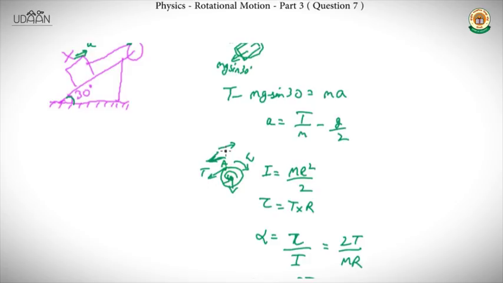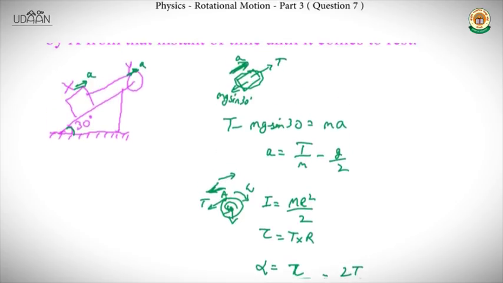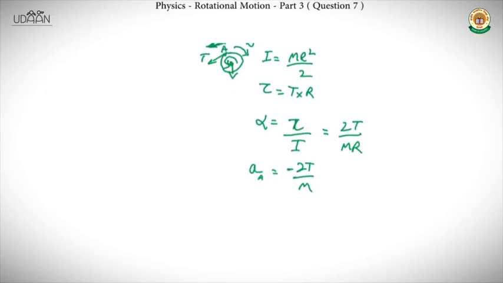So for that, shouldn't we assume a positive direction, let's say upward, so that we don't make such errors? People tend to make mistakes about signs and directions, and it can always be avoided if you assume a certain direction as positive. So if we assume this direction to be positive, this a is equal to T by m minus g by 2, and over here we find that this a is minus 2T by m.